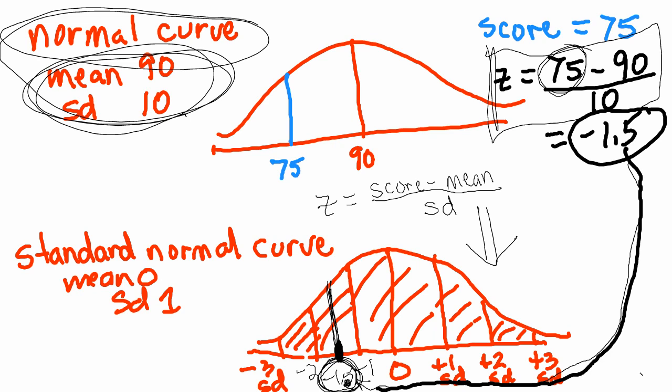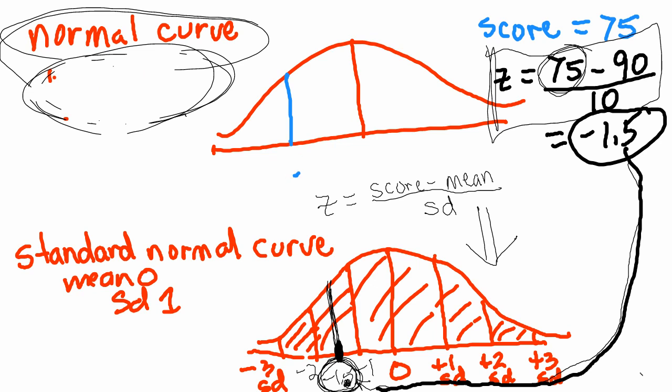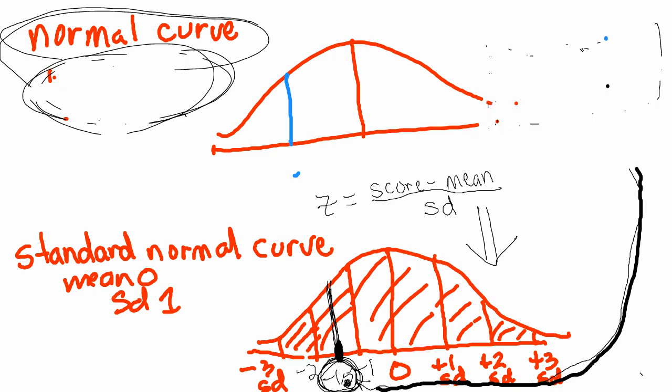Now suppose I don't have that mean, it's different. Suppose I use the same curve, but the mean is 100 and the standard deviation is 7. So now I have this new normal curve where the mean is 100, and let's make up a score.